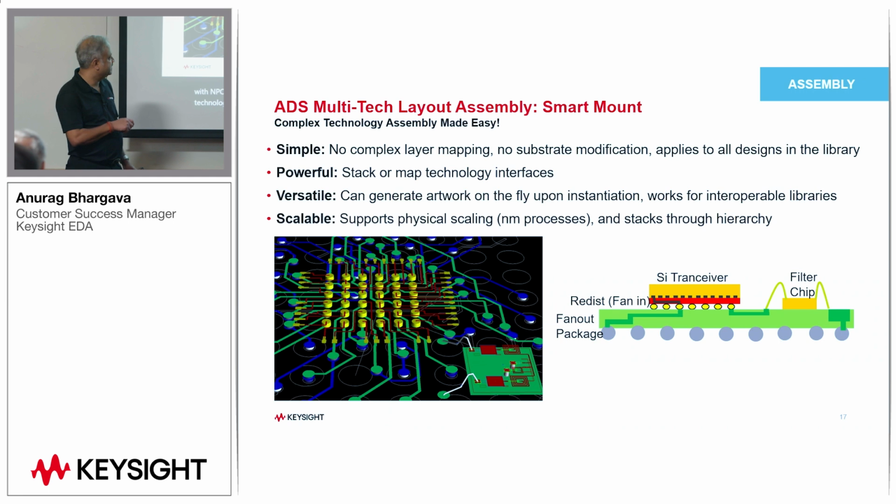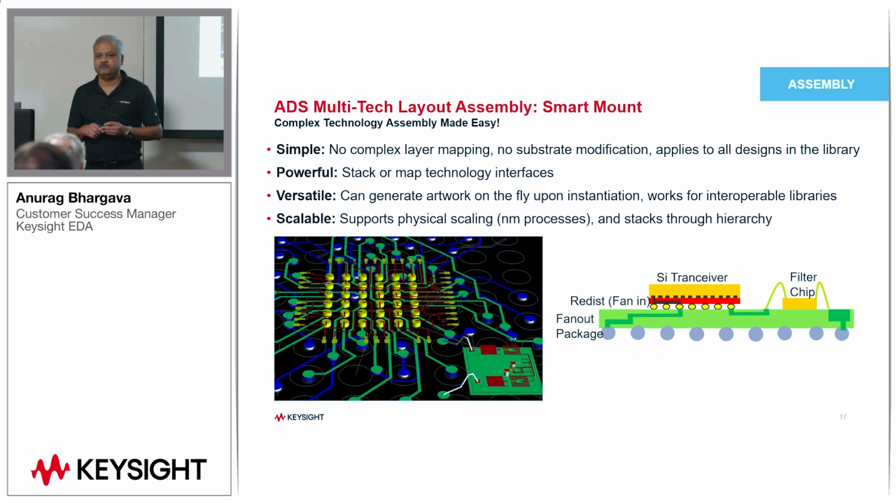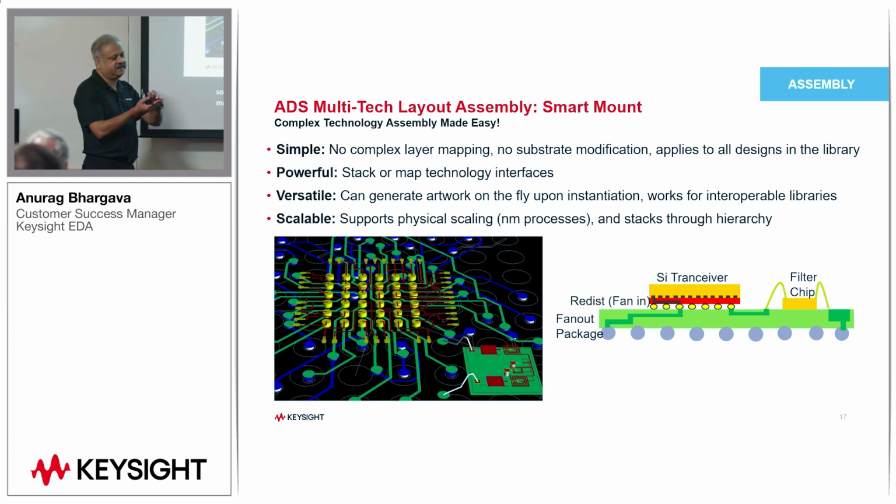And again, in ADS, the heart of this whole thing is SmartMount. The SmartMount feature in ADS makes the assembly job a piece of cake compared to what you were doing earlier. Earlier, you needed to come up with a composite stack, and it is a nightmare to manage. If it is only the Z-axis you are worried about, no problem.